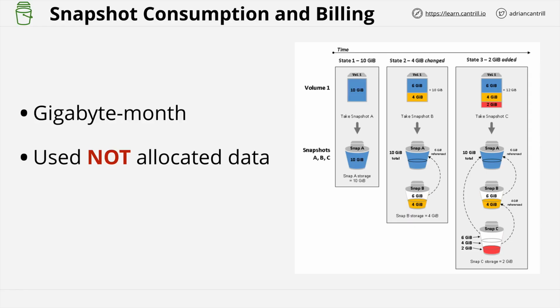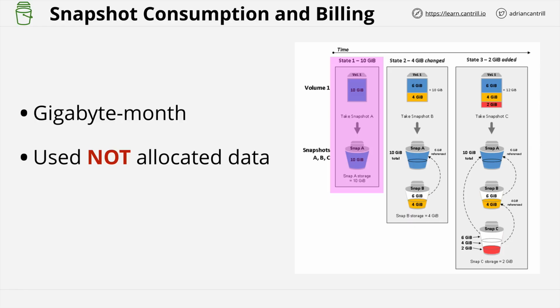And because snapshots are incremental, you can perform them really regularly. Only the data that's changed is stored, so doing a snapshot every 5 minutes won't necessarily cost more than doing 1 per hour. Now on the right, this is visually how snapshots look. On the left, we have a 10 GiB volume using 10 GiB of data, so it's 100% consumed.